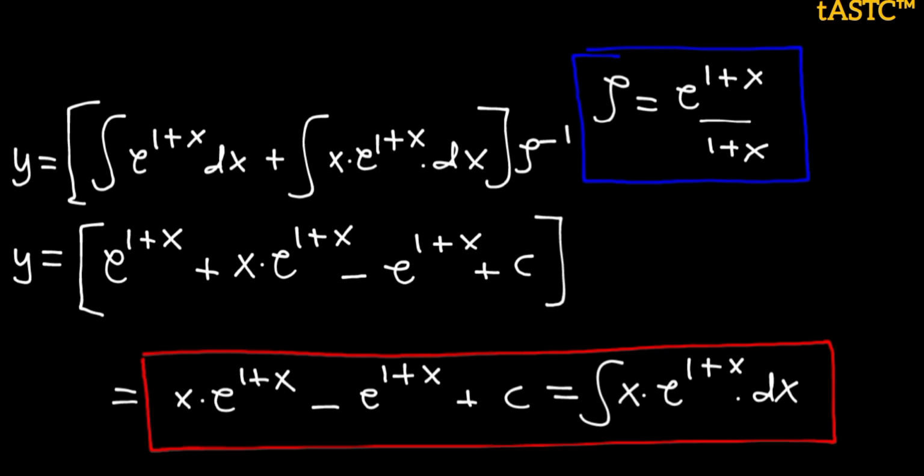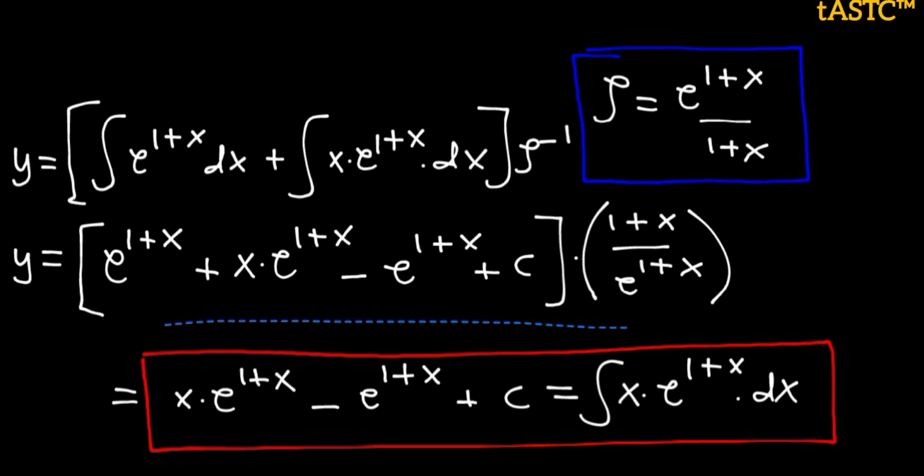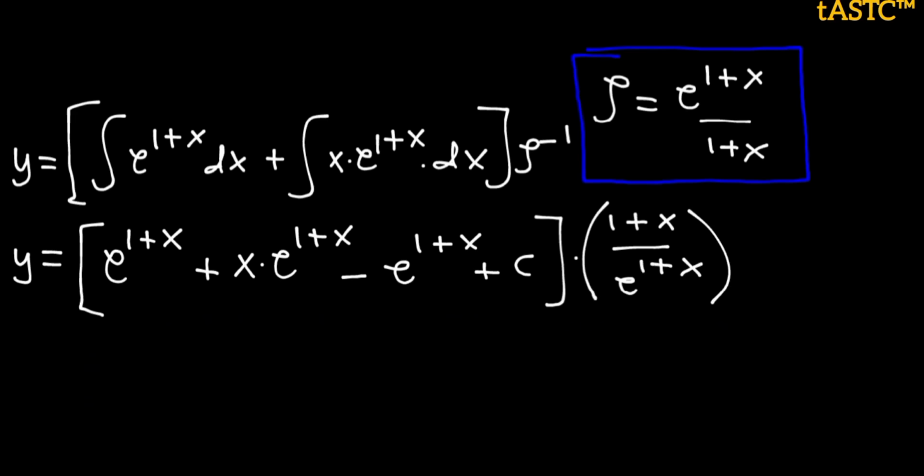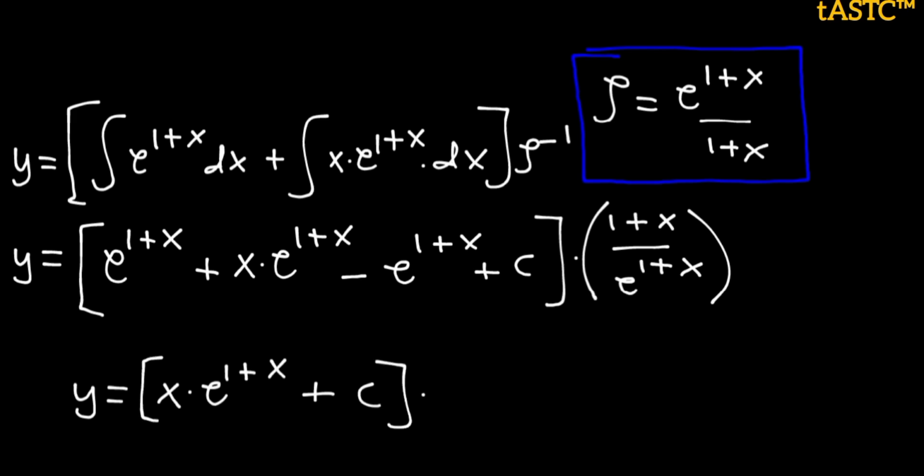Now if we reciprocate this stuff, this should be 1 plus x divided by e raised to the power of 1 plus x. That is what we're going to have. So the final answer is x multiplied by e raised to the power of 1 plus x plus c, and that is multiplied by 1 plus x divided by e to the 1 plus x.